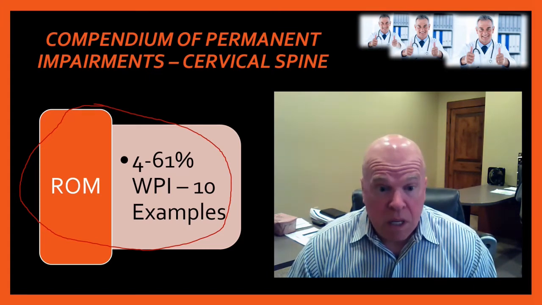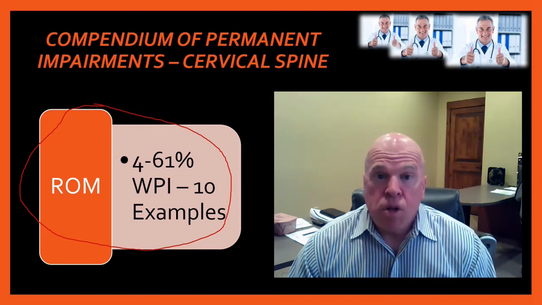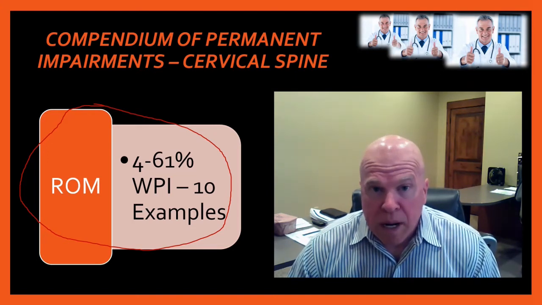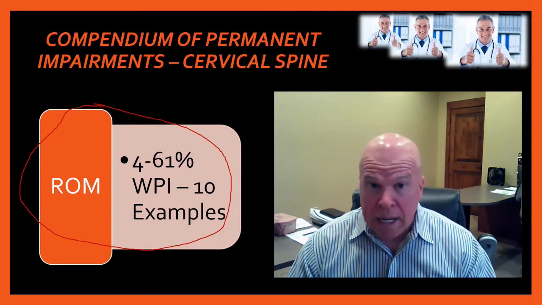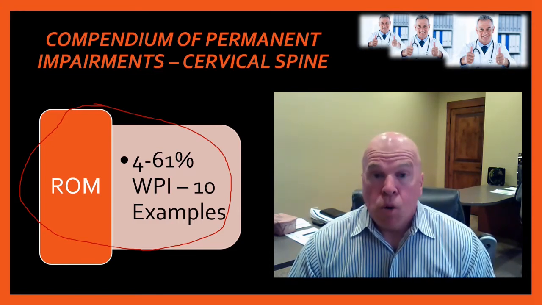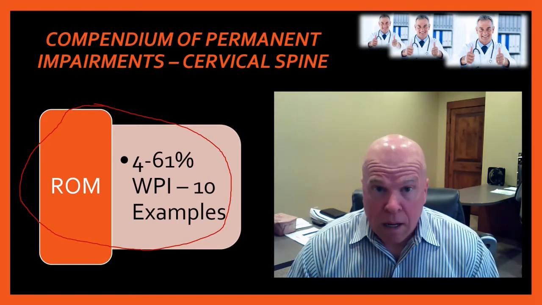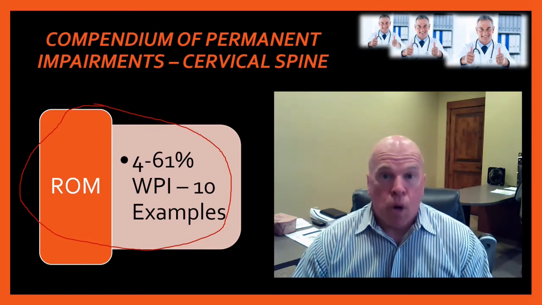And this section of the product, wherein we review 10 examples of range of motion permanent impairment arguments, is extremely valuable, if only for the reason that many qualified medical evaluators, when providing permanent impairment rating opinions, do not rely upon the range of motion method.